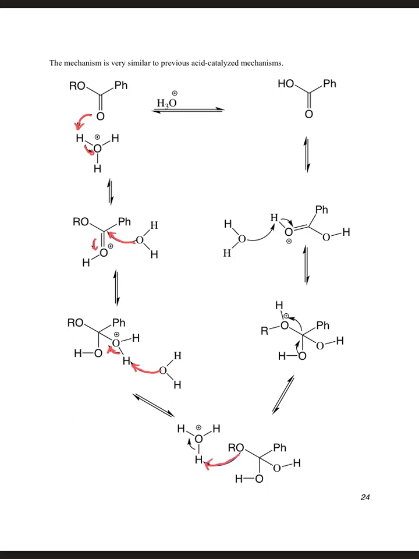As I said in the last mechanism, all of this is in equilibrium. It's all happening at the same time and going back and forth. We change what happens in the overall equilibrium by changing the conditions of the reaction. So if we add more water, we force it to go to the carboxylic acid.